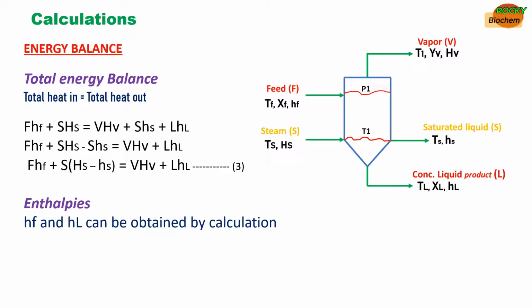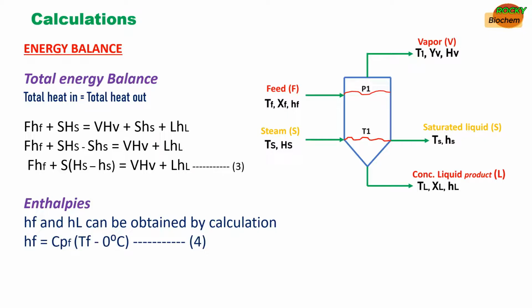The steam is water, the vapor exiting from the upper chamber is water, and the saturated liquid is also water. So we can just directly get their enthalpy values from the steam table, so we don't need to worry about them. But for the enthalpies of the incoming feed and the concentrated liquid products, we can't get them from the steam table, so we need to calculate them. And we use this formula.